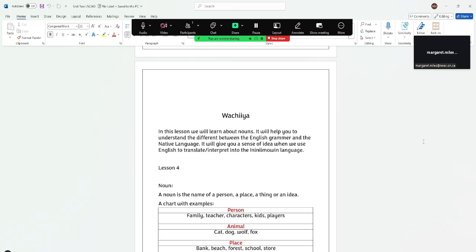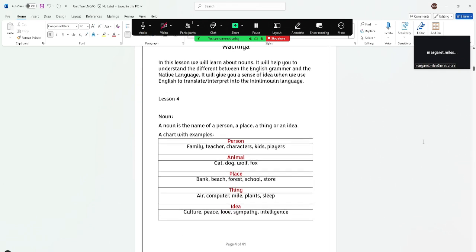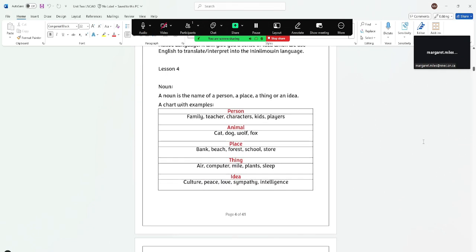This will give you a sense of idea when we use English to translate, interpret into Ininiimowin language. Lesson 4 is noun.